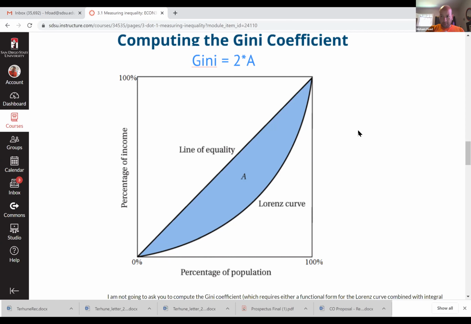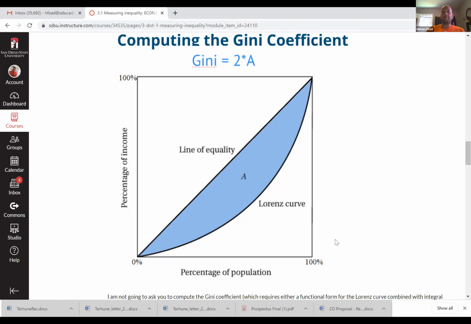Now, the formula for the area of a triangle is 1/2 the base times the height. So the base of this diagram is 100%, which is also equal to 1. The height of this triangle is, again, 100%, which is equal to 1. So the area of this triangle is 1/2 times 1 times 1, which is equal to 1/2.